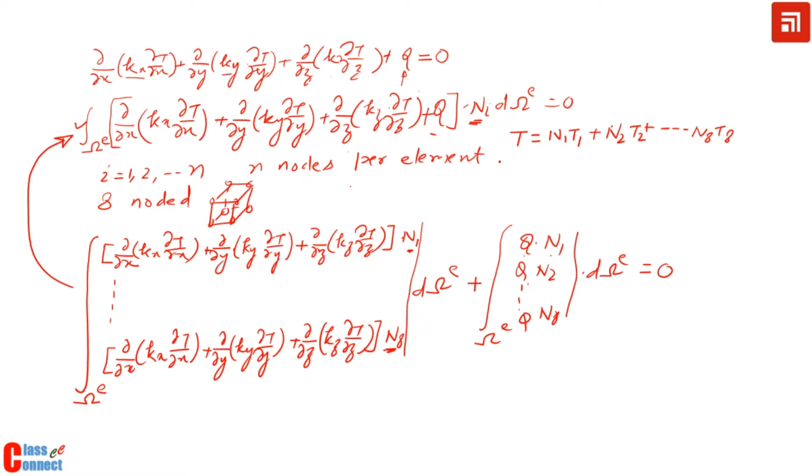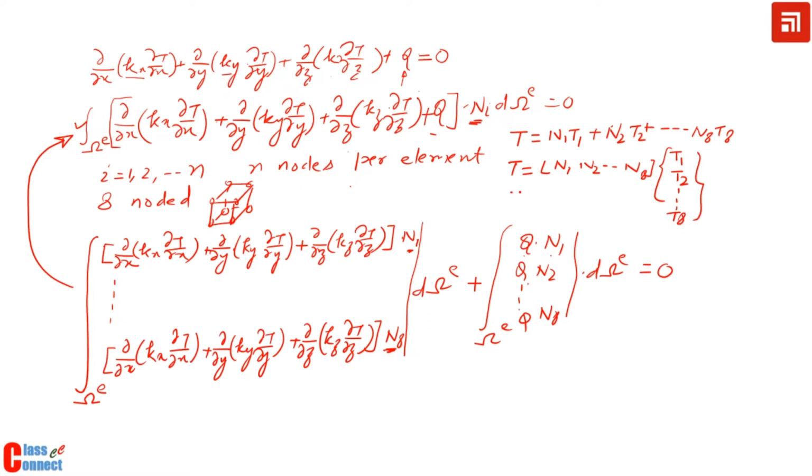I can write this in matrix form as T is equal to N1, N2, up to N8, multiplied by this column vector of our nodal variables T1, T2 up to T8.